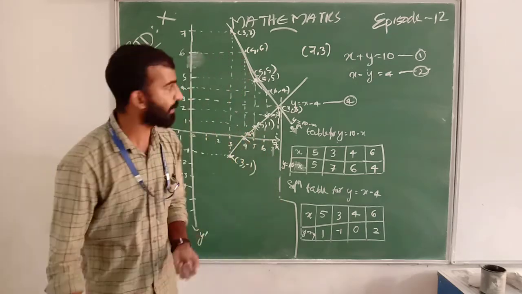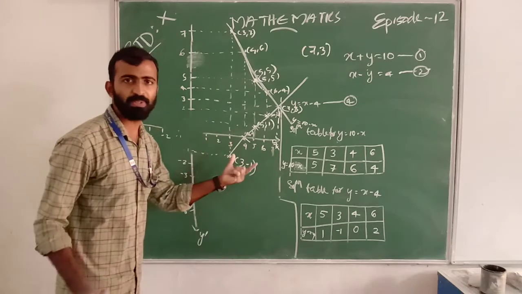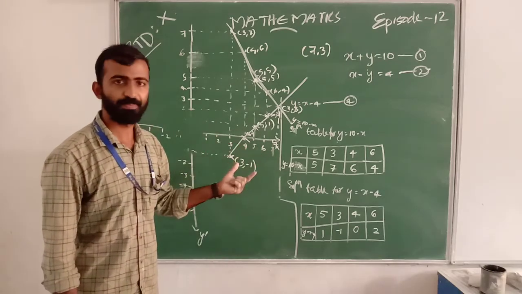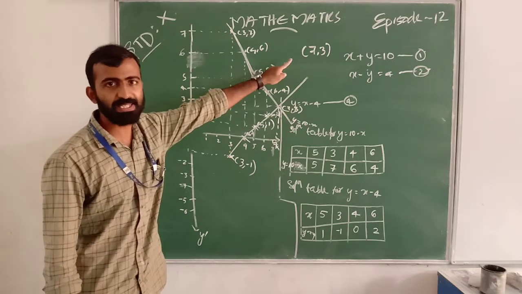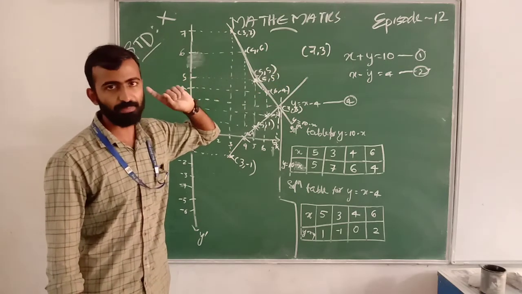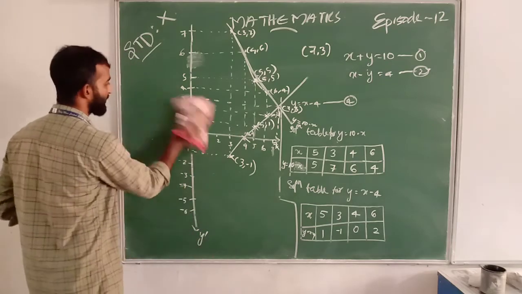Next we are discussing any doubt from this. Can you understand? The solution is 7 and 3. That is, x is 7 and y is 3. And what is the second question?